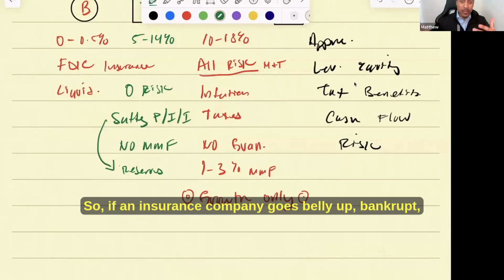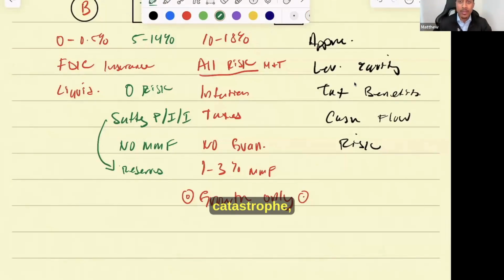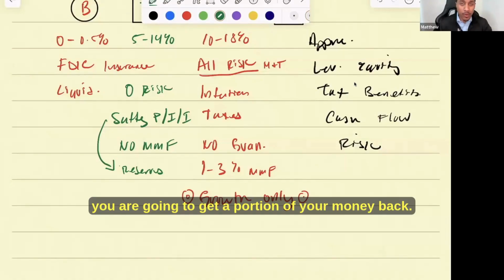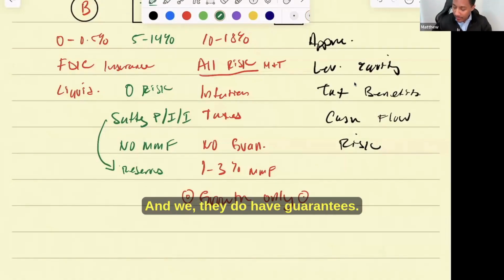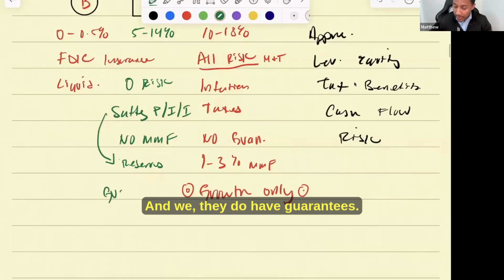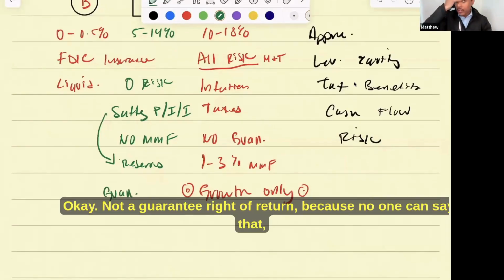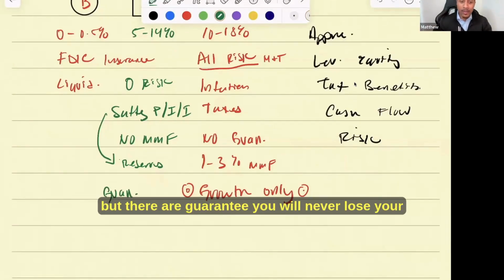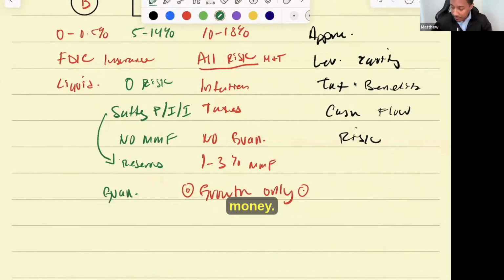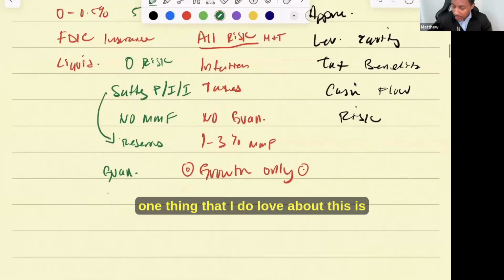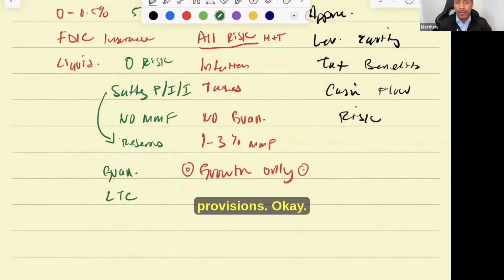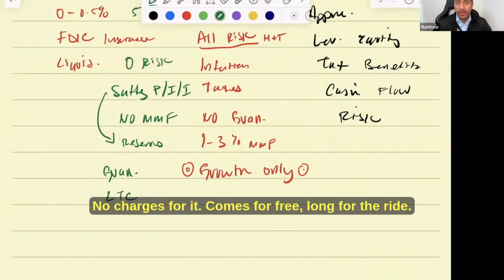So if an insurance company goes belly up, bankrupt, catastrophe, you are going to get a portion of your money back, which is great. And they do have guarantees. Not a guaranteed rate of return, because no one can say that, but a guarantee you will never lose your money. Also, one thing I love about this is that it comes with free long-term care provisions. No charges for it, it comes along for the ride.